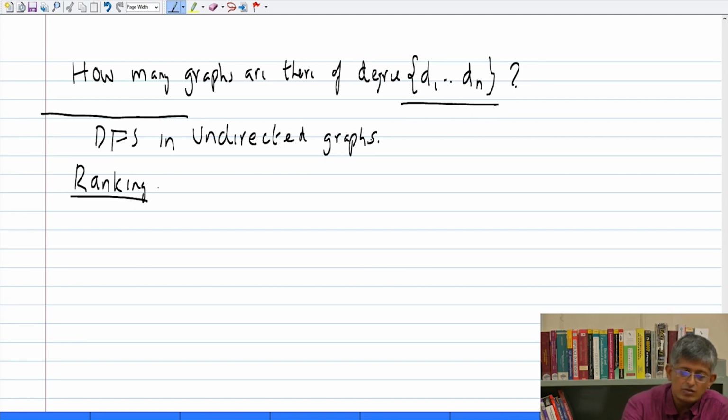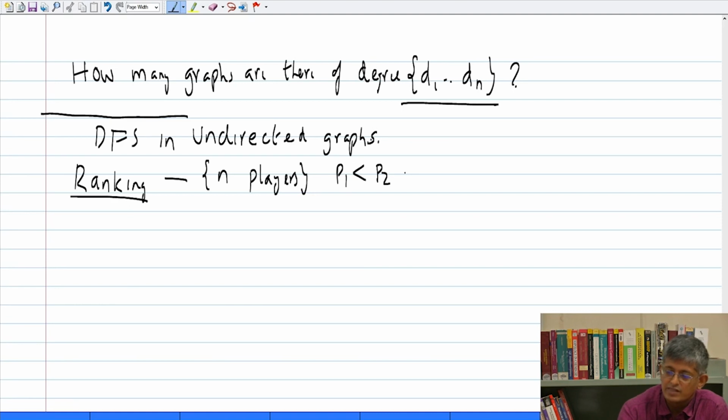So let us assume that there are n players, and player 1 is strictly worse than player 2. Okay, first rank player is always better. So let us change the direction. The first rank player is strictly better than player 2, who is strictly better than player 3, and so on, strictly better than player n.